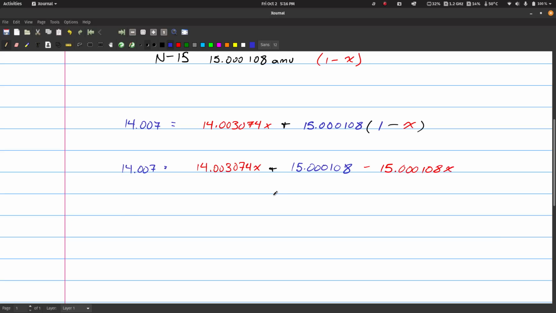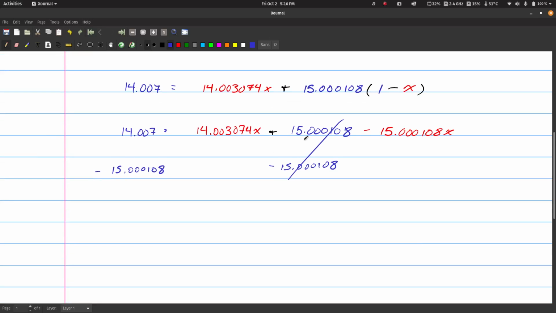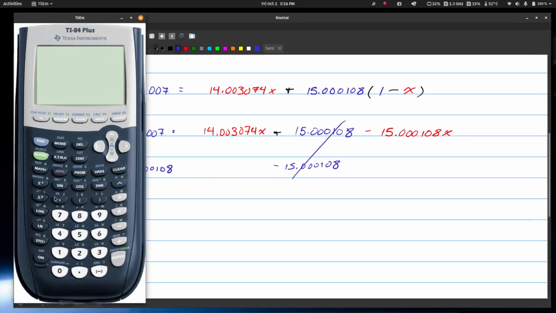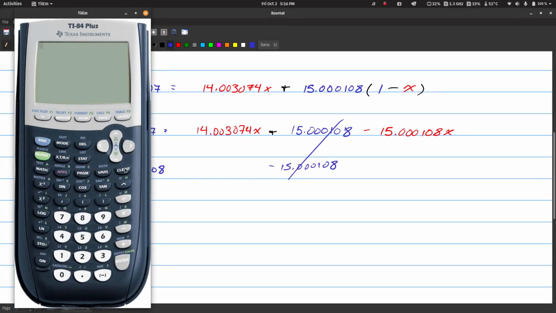So that means I'm going to subtract on this side, and then I'm going to combine these two. I have 14.007 minus 15.000108.